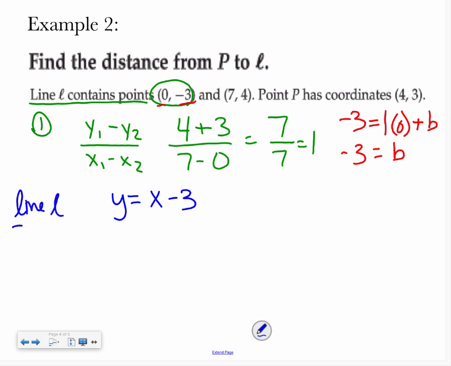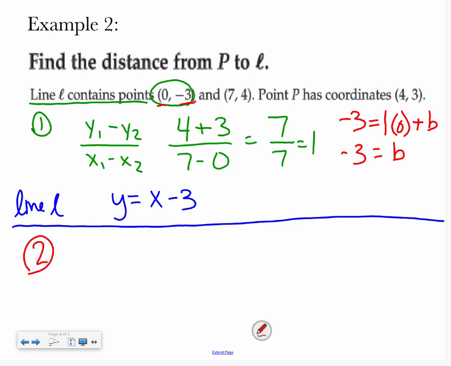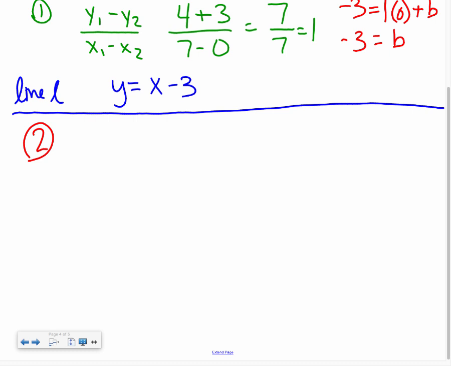Okay, so that's our first step. Our second step is to write an equation for a line perpendicular to line L that goes through point P. If we're looking for a line that is perpendicular, our slope has to be the opposite reciprocal.